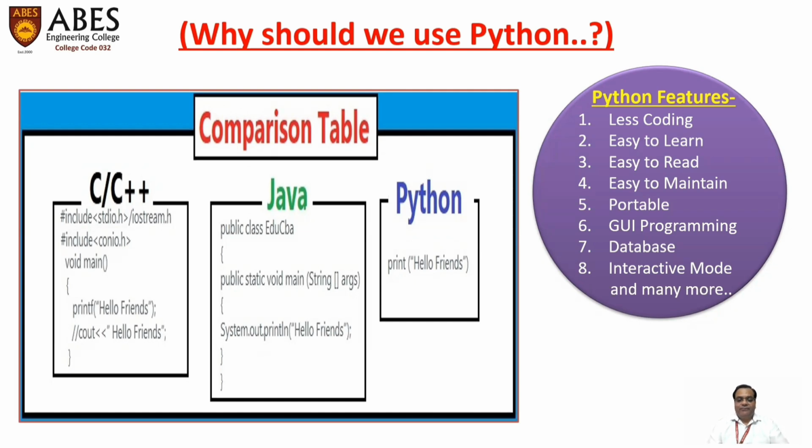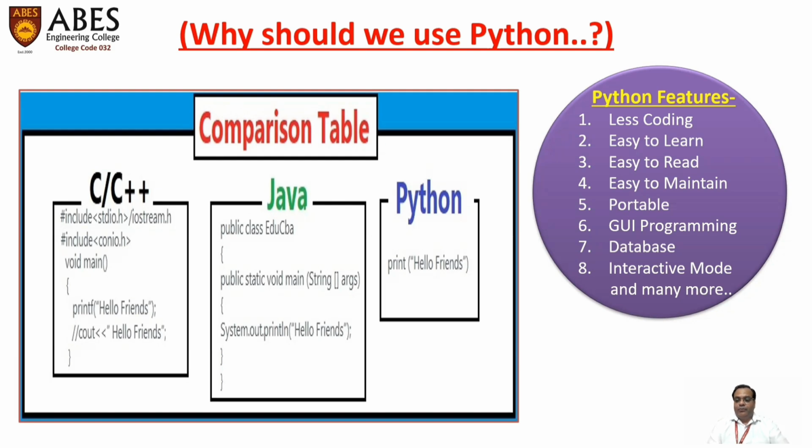And in case we are using the Java programming language, then we have to make a class, and in that class we have to use the main function, and then inside the main function we have to write System.out.println, and inside the println function we have to give the string hello friends, as you can see in C++ and Java programs.